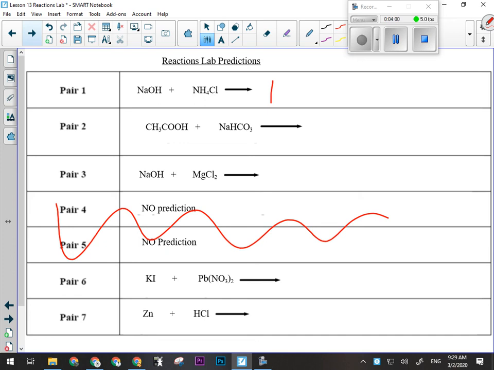The gas that was produced in that reaction is ammonia. If I told you that it smelled a little like Windex or glass cleaner, you'd probably go, oh yeah, that's exactly what glass cleaner smells like. This is the stuff that's in glass cleaner or Windex, ammonia.